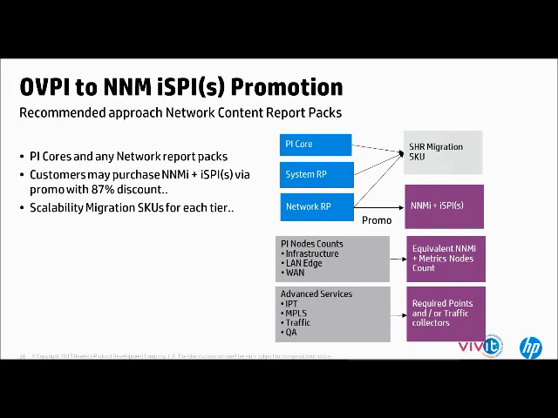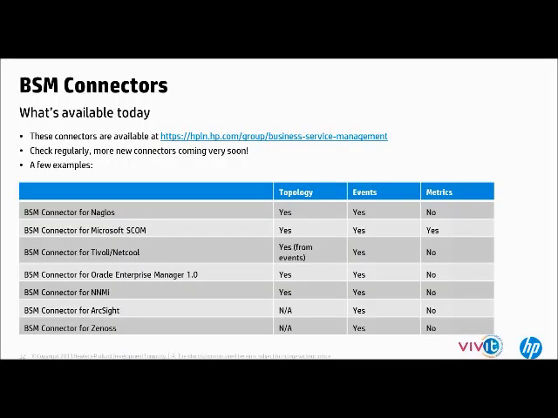For OVPI customers who might be using Network Node Manager, since we need the iSPI on Network Node Manager to collect report information from Network Node Manager for SHR, we are giving a special promo to offer them the iSPI for Network Node Manager.